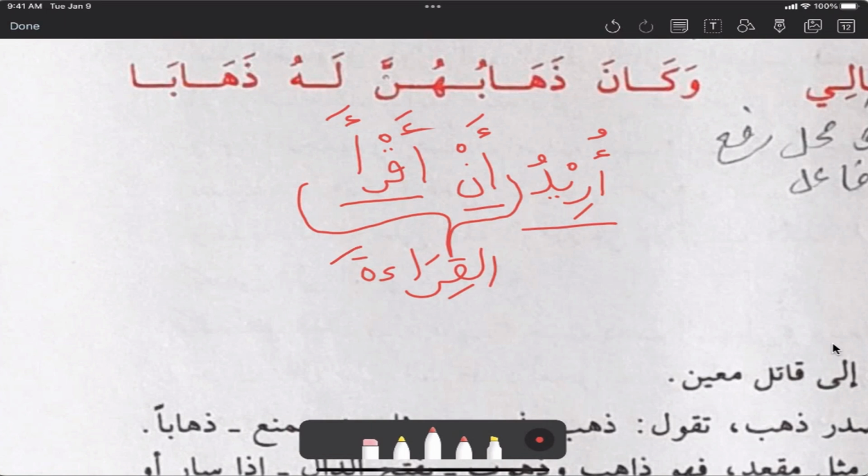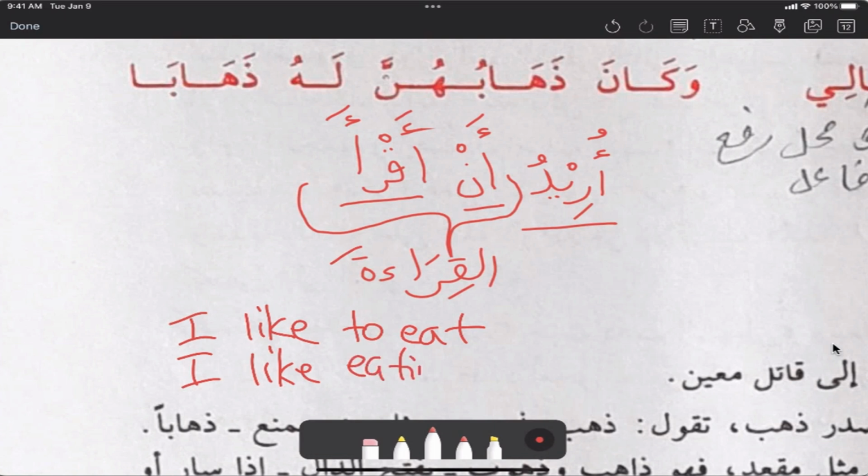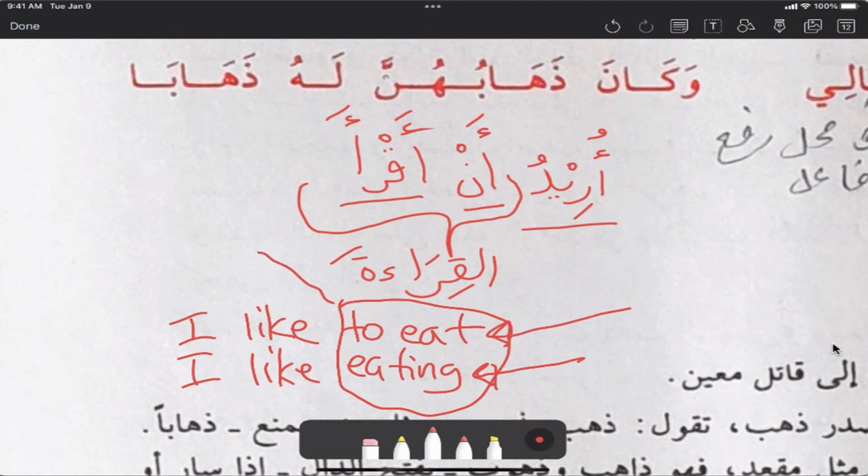So you could say, let's say, I like to eat. That's like saying, I like eating. So if eating was the masdar and eat was the verb, so "to", that's the harf masdari. It represents the harf masdari.